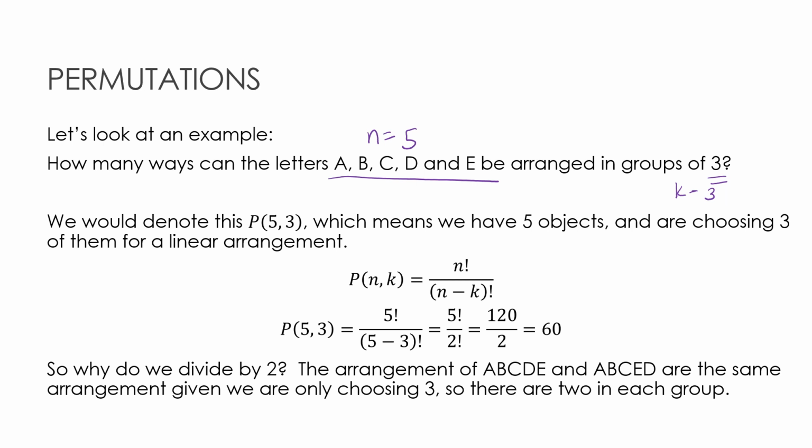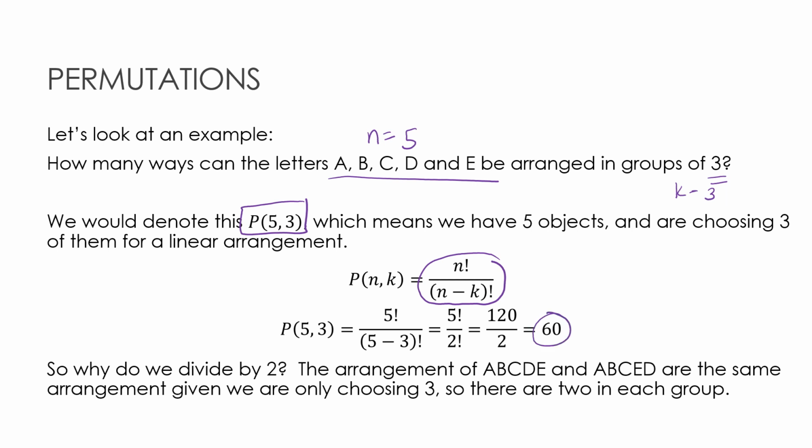So I'm going to denote that P(5,3) to denote that I've got 5 objects in groups of 3. And then I'm going to use my formula that says take n factorial over (n minus k) factorial. So 5 factorial, I can use my calculator to determine, is 120, or do it in my head. 5 minus 3 is 2. 2 factorial is 2 times 1, which is 2. I divide those two, and I find out that there are 60 options.